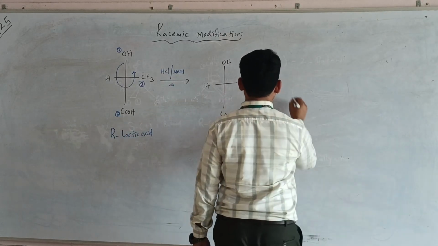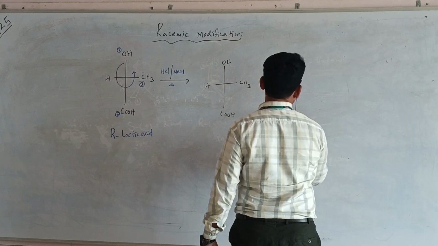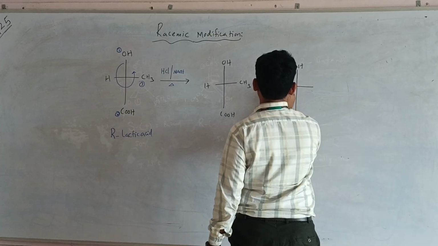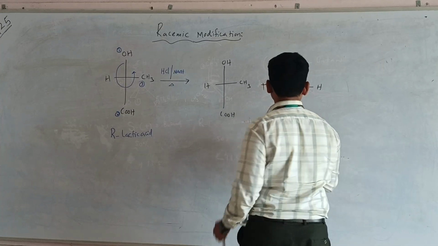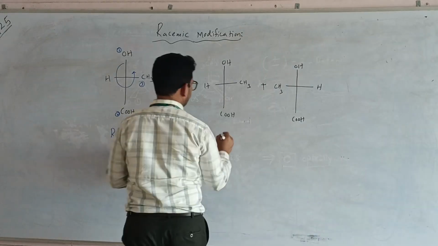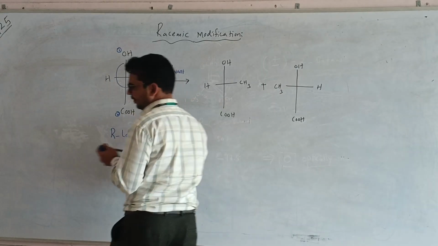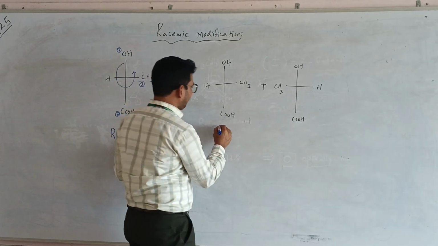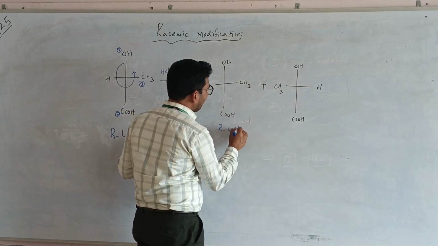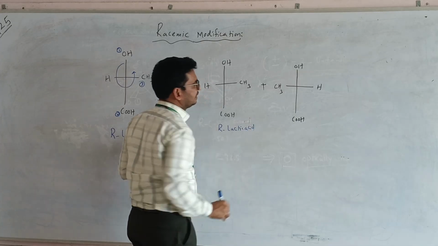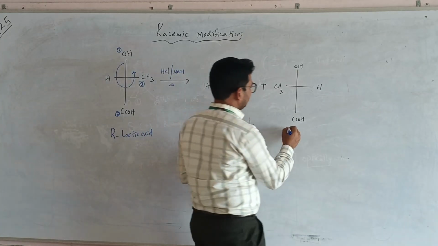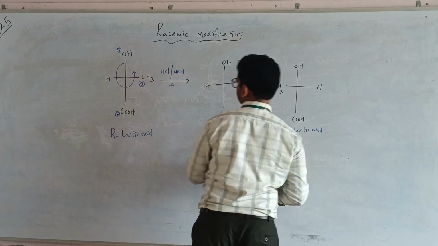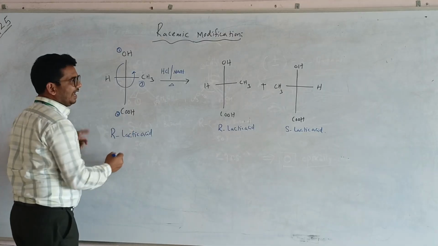Plus another one: COOH, OH remain the same. Then what changes? Here CH3 comes, here H comes. Now see, this is R. Find the configuration for this, same as before. This one is R lactic acid.